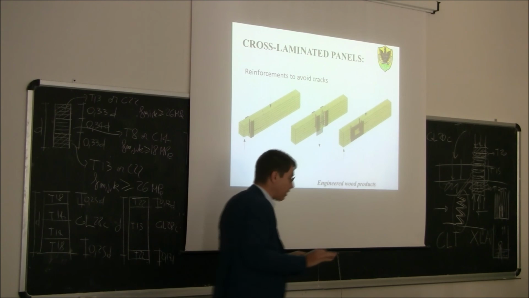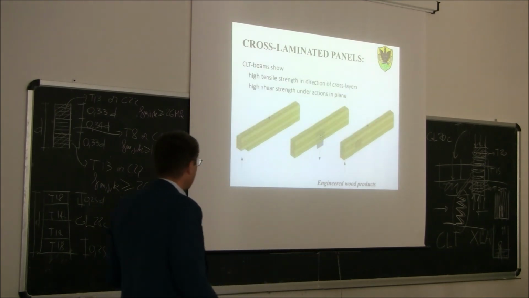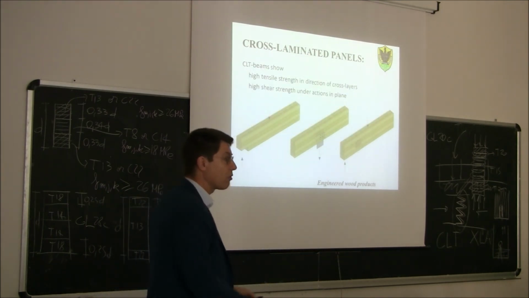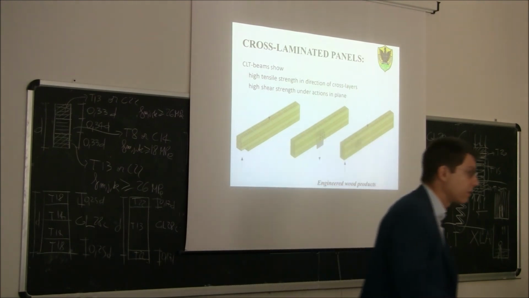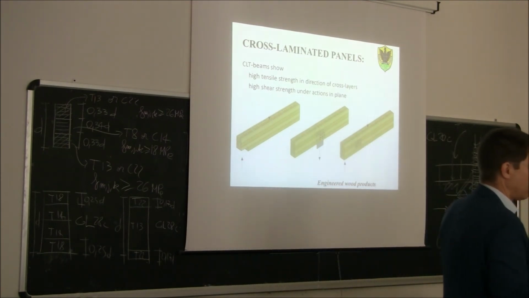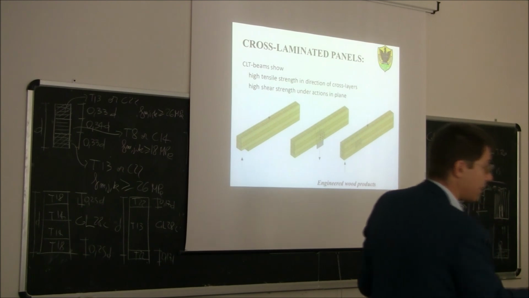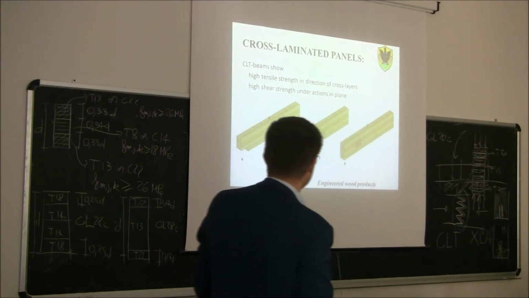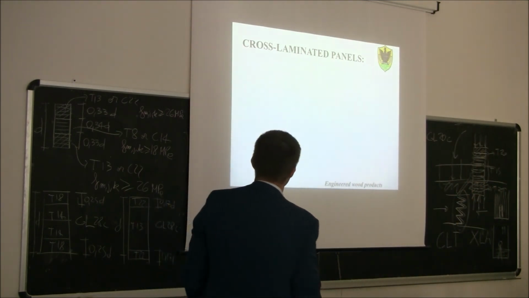Now, with a normal glulam beam. With a cross-laminated beam, instead, this is not needed, because the cross-laminated beam is already reinforced in the direction of the secondary stress, given by the laminations perpendicular to the main direction.